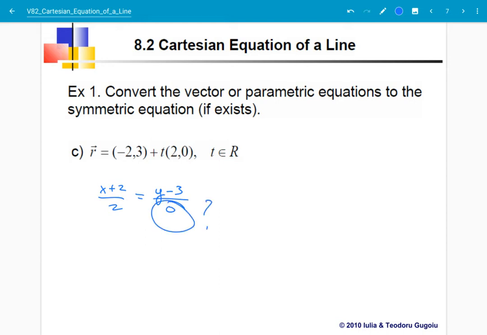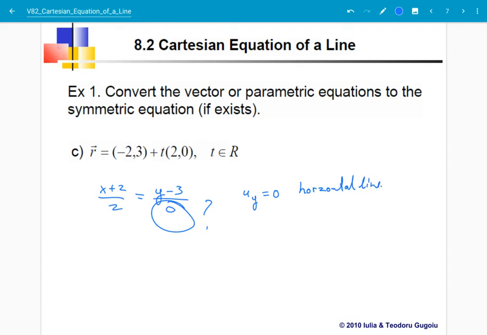So what does that mean? Well, uy is equal to 0. That means the line won't have a changing y value. What kind of line is that? It's a horizontal line. Okay.